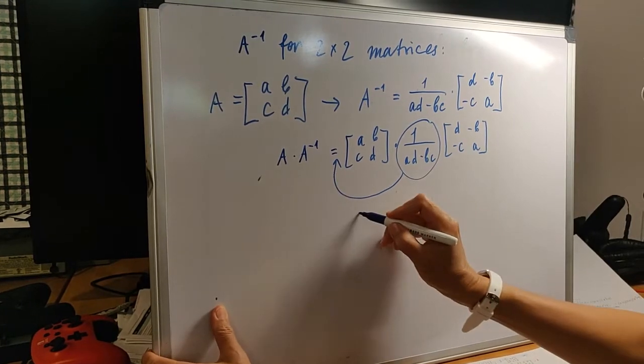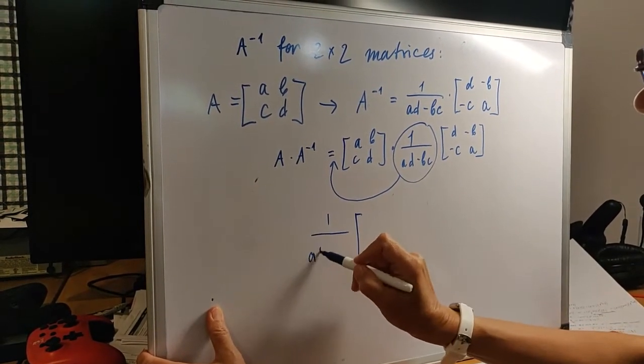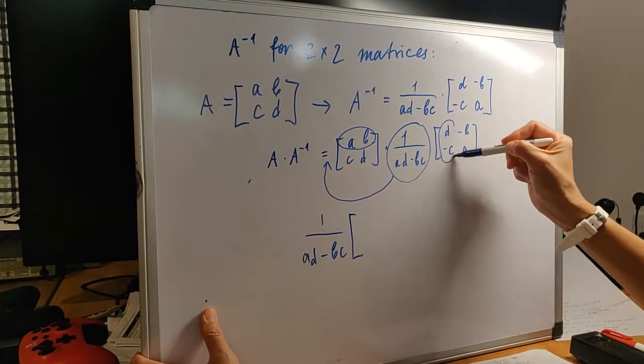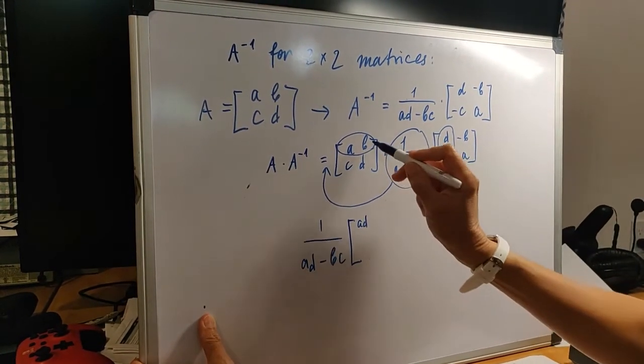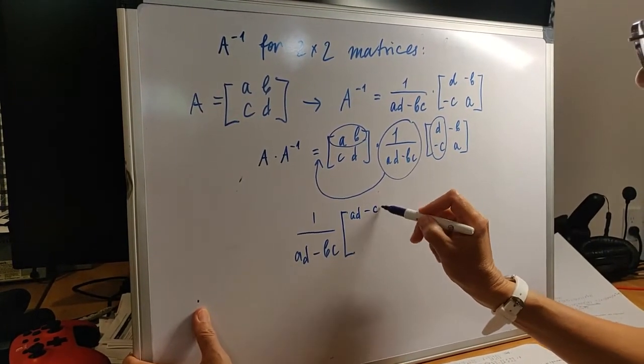I'm going to start doing multiplication and keep this number outside, AD minus BC. So I'm multiplying this by this, right? What I have is A multiplied by D, and B multiplied by C, because it has minus, is going to be this.